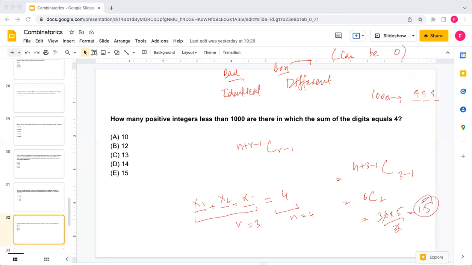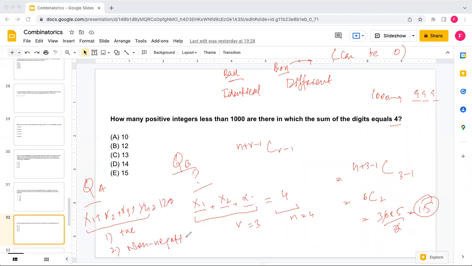So whenever you see such a question in which you're asked to find the total sum of digits, let's suppose you are given 4, you can use this. Or there could be another scenario in which you are asked a question such that x1 plus x2 plus x3 plus x4 is equal to, for example, 120, and what are the total ways? There could be two scenarios: if all of these are positive, or if all of these are non-negative.